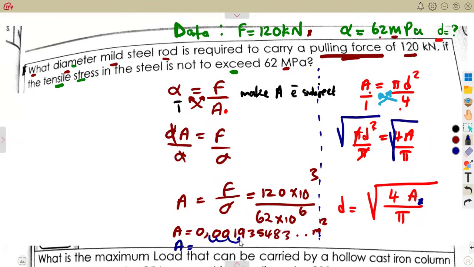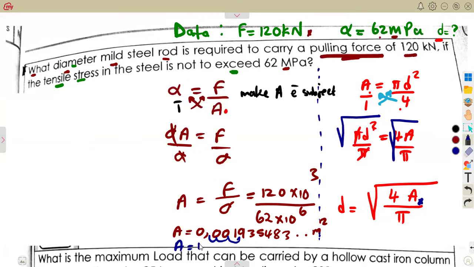You can even move up to 6, like 3, 4, 5, 6, so that you at least have exact values. It depends on what you understand. Even in a textbook, sometimes they use times 10 to the exponent of minus 3, sometimes times 10. So use what you understand, okay?